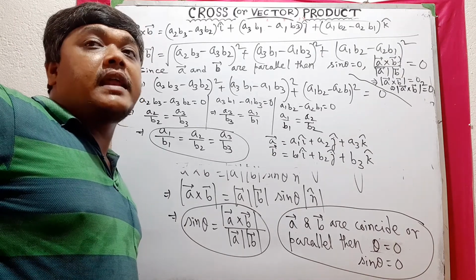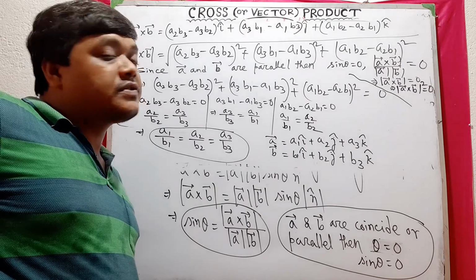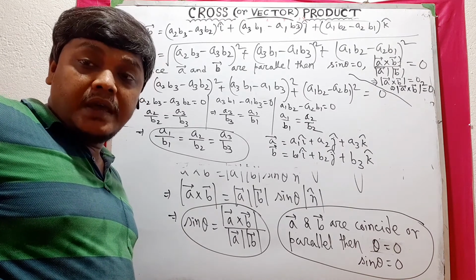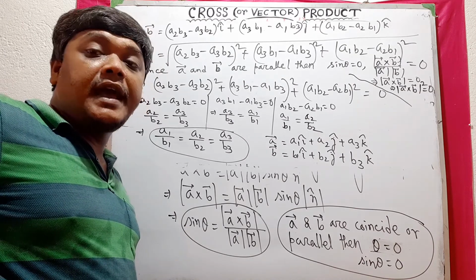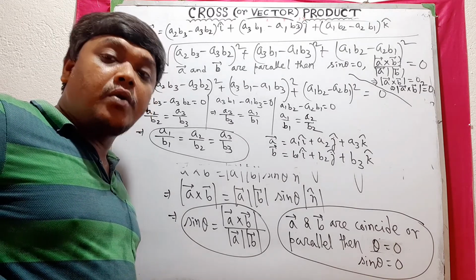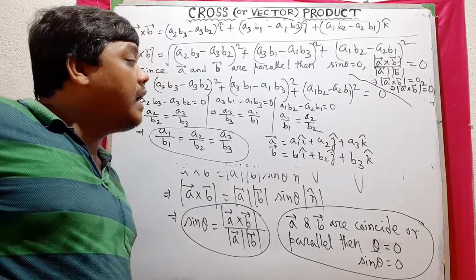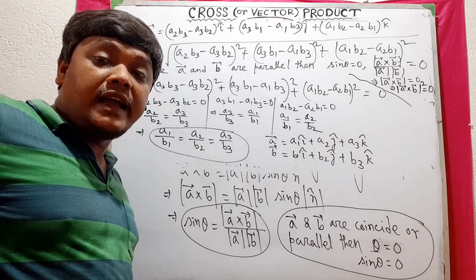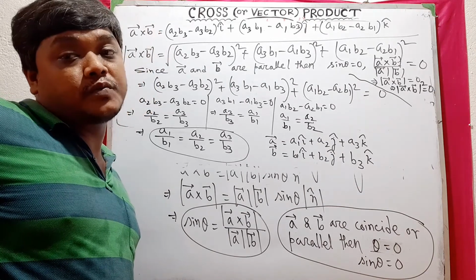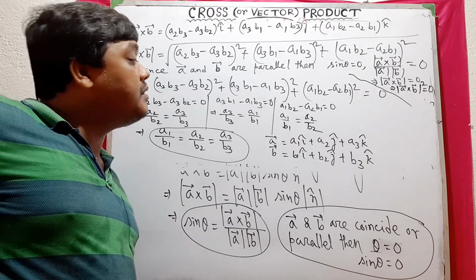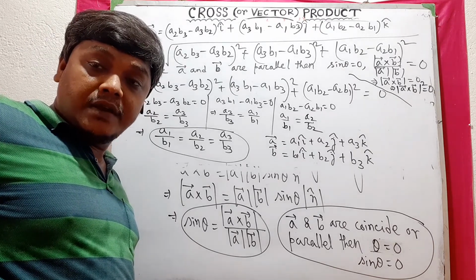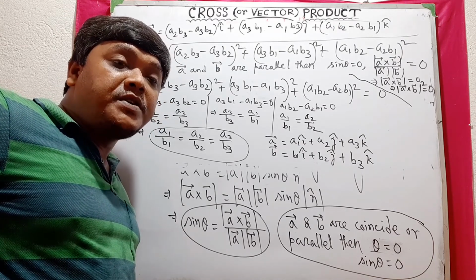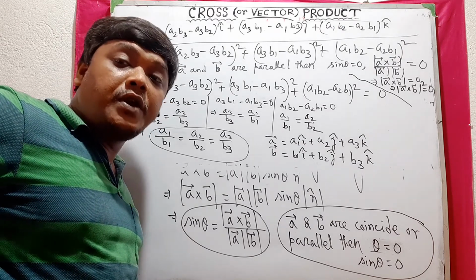Clear? And another part: when two vectors are given, A cross B is perpendicular to both A and B, or perpendicular to the plane containing A and B. And if two vectors are given, how do we find the angle between them by using the cross product. And two vectors A and B are parallel to each other if either A cross B equals 0 or the ratios of their coefficients component-wise are proportional.